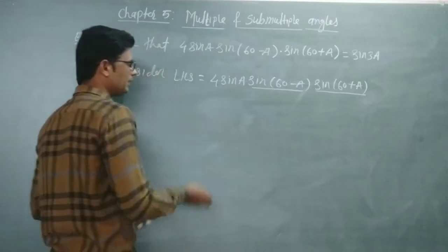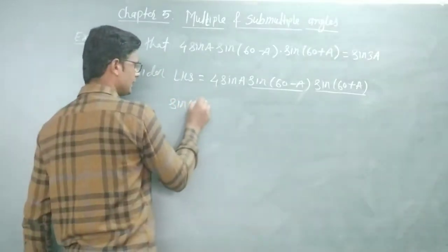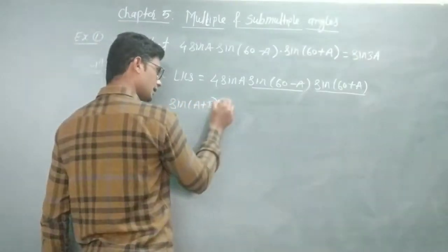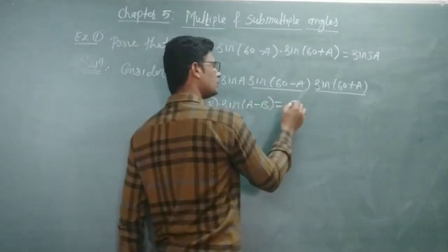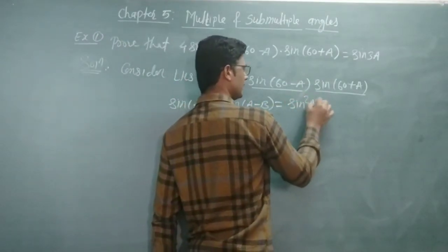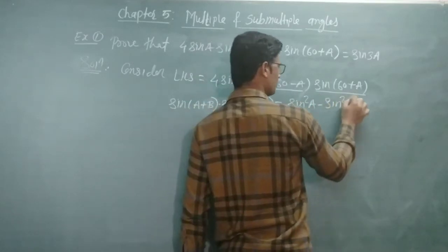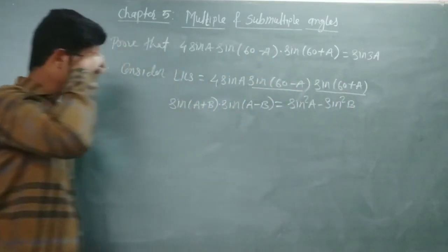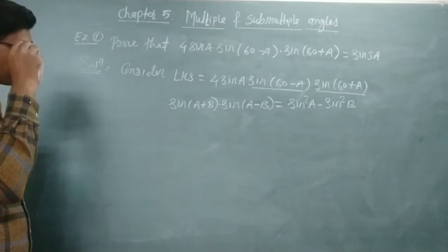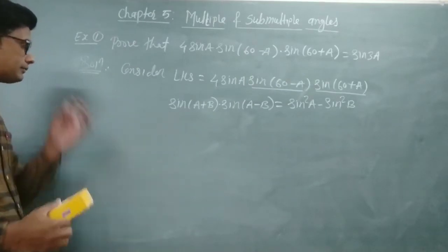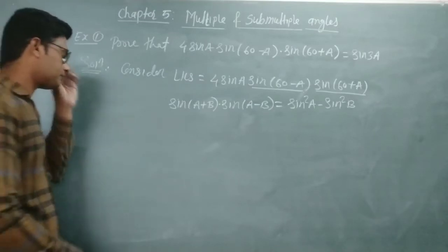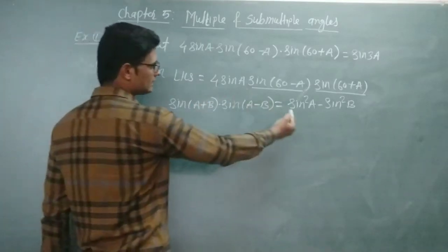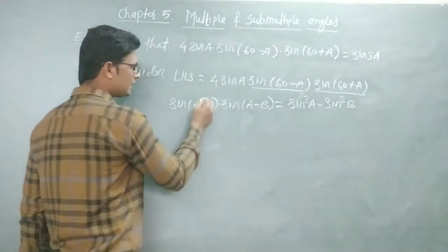We know the formula for sin A plus B into sin A minus B, which is equal to sin square A minus sin square B. Okay, this is the result we know.